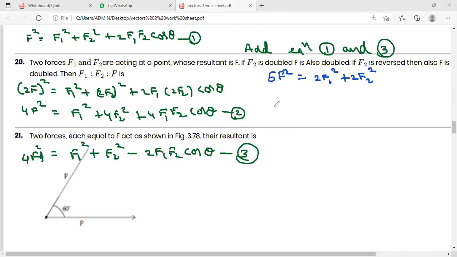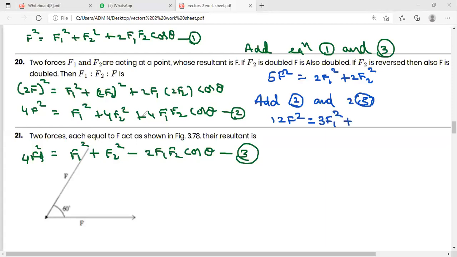You better multiply the third equation with 2 and add second and third. Add second equation and 2 into third equation. Understand? So second equation is this one, 2 into third equation. Then you see that 4F square, 2 into 4F square is 8F square. Totally how much? 12F square equal to, and F square plus 2F square. How much?